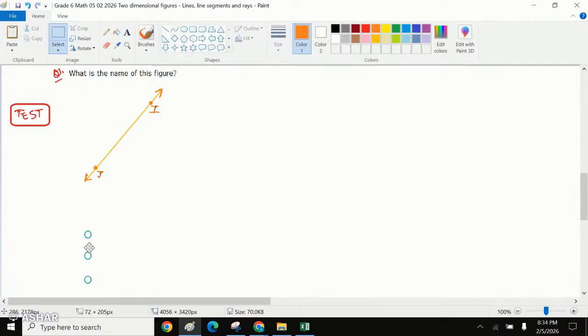ij in this case can be a line, a line segment, or a ray, right? So what is ij? If it was given as ij, ij would be perfect. So can we say ij is a line, ij is a line segment, or ij is a ray?